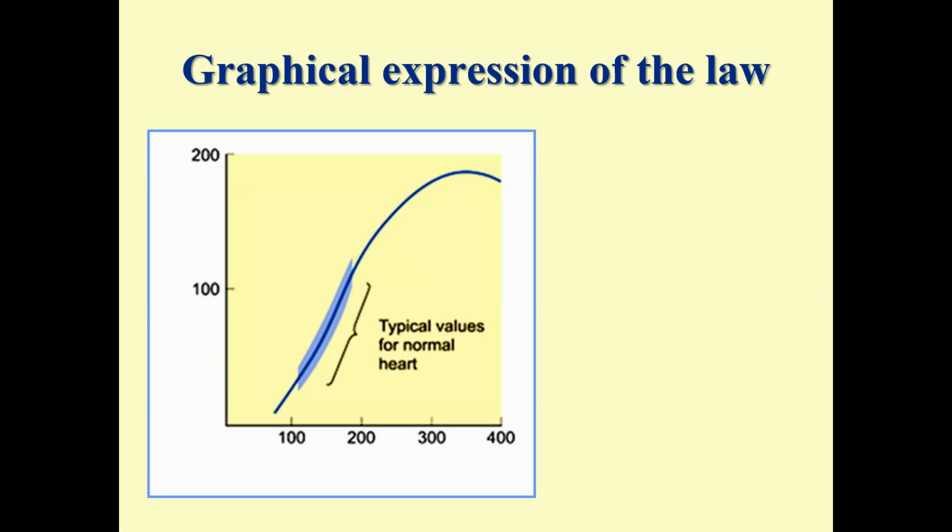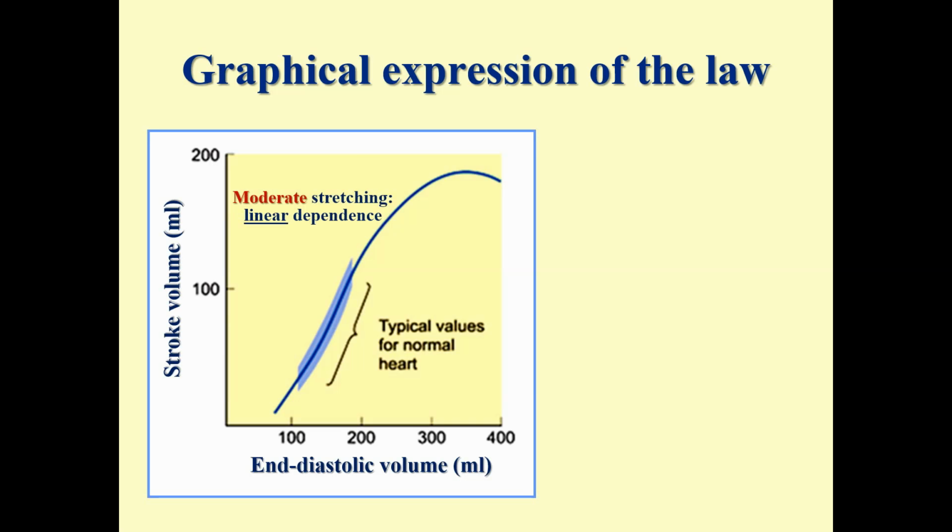This figure shows this. Values are very approximate here, but generally you may observe that end diastolic volume elevation produces progressively higher and higher stroke volume, which depends on the force, depends on the tension developed by heart muscle during contraction. But finally you see that until stretching is more or less moderate, dependence is linear, it's a straight relationship. But then excessive stretching produces decrease of tension.